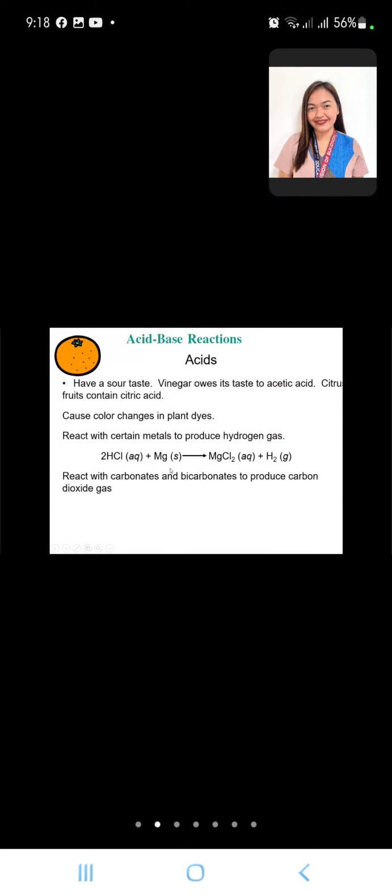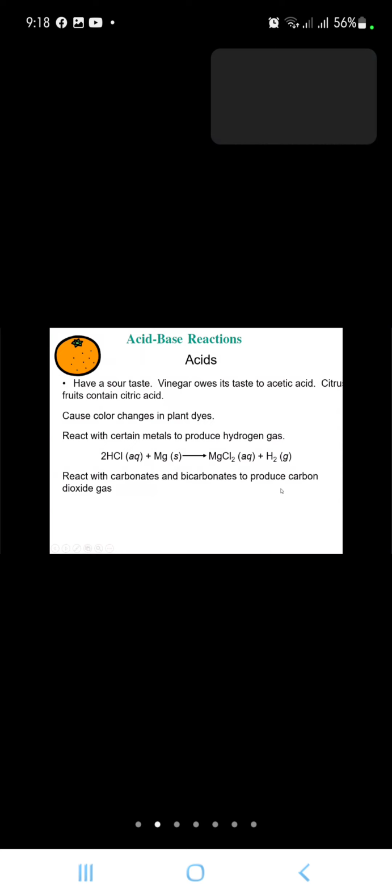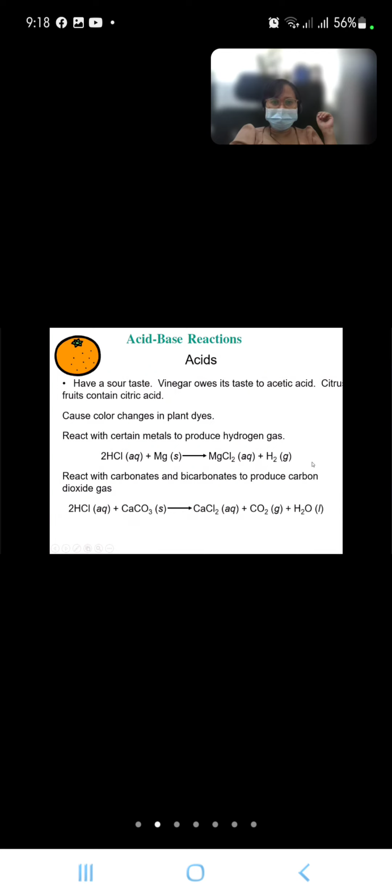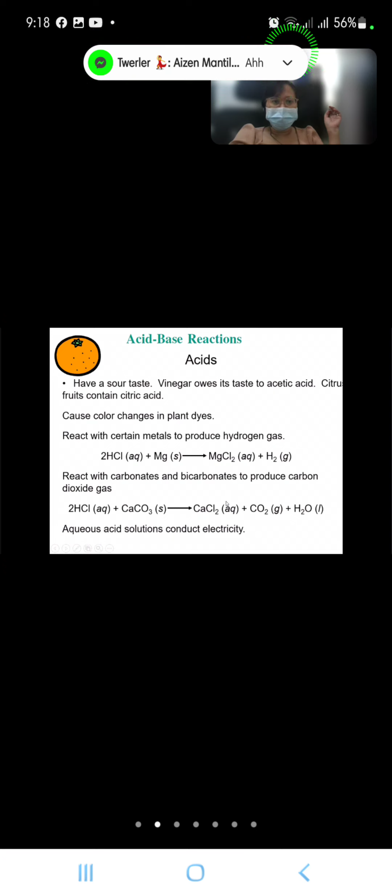Yes. Okay, acids react with carbonates and bicarbonates to produce carbon dioxide. And then, so this is the equation. If a hydrochloric acid reacts with calcium carbonate, it will produce calcium chloride and carbon dioxide and liquid water. So one of the products is carbon dioxide. Okay.